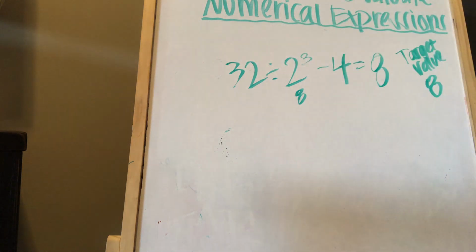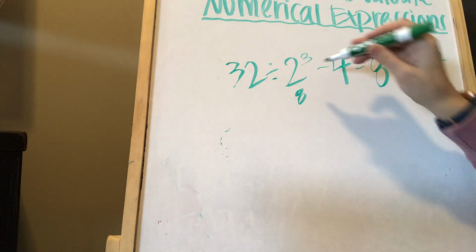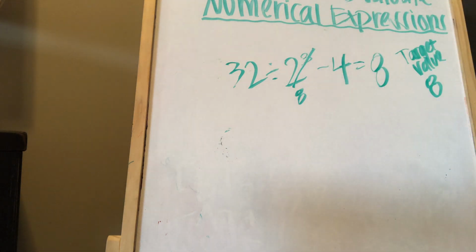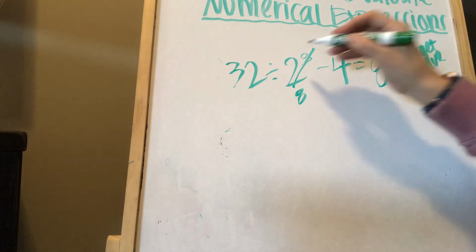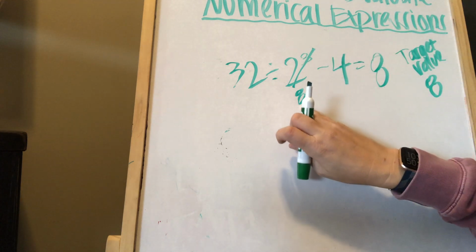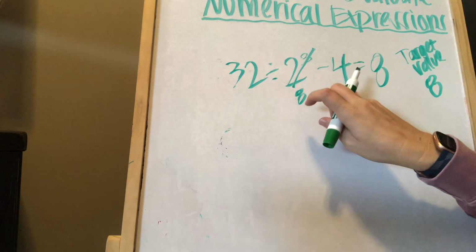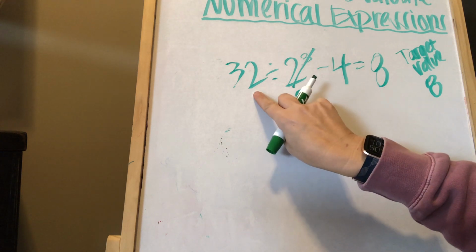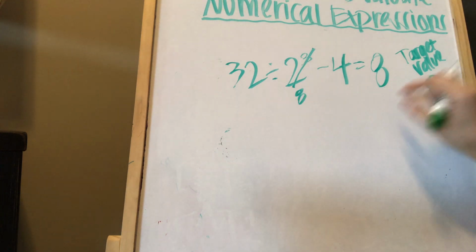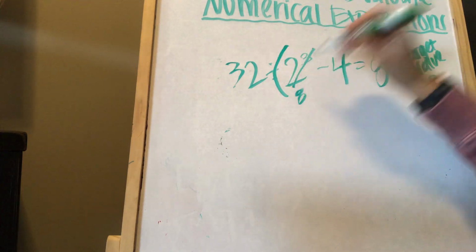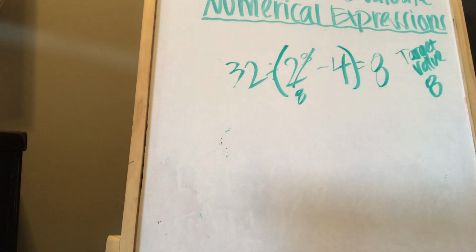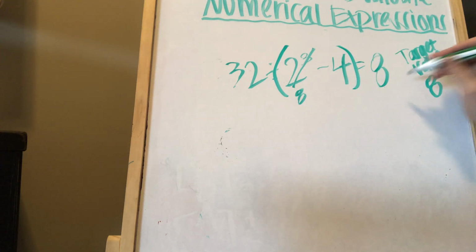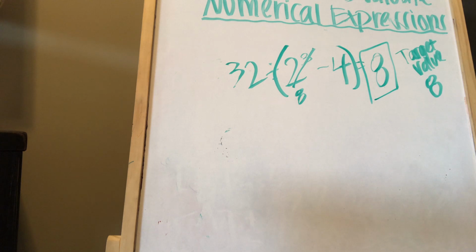We need to do some thinking. Where else could our parentheses go? We could try them here first. We could do our 8 minus 4, which is 4, and then 32 divided by 4, which would equal 8. So in this problem, our parentheses go right here so that our target value is correct, and we get to that 8.